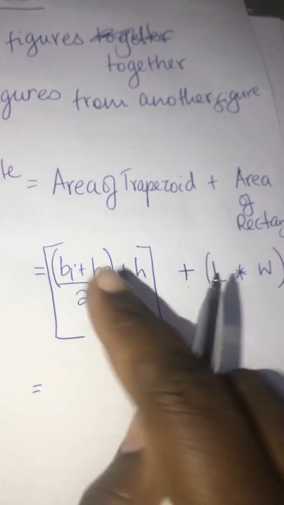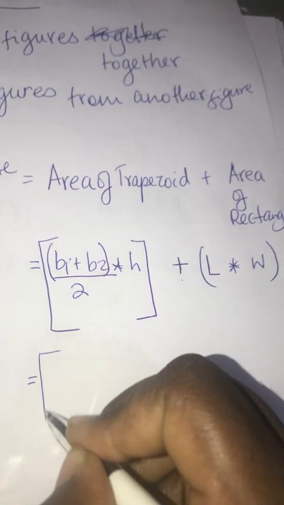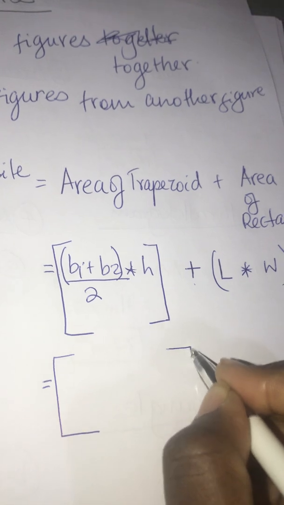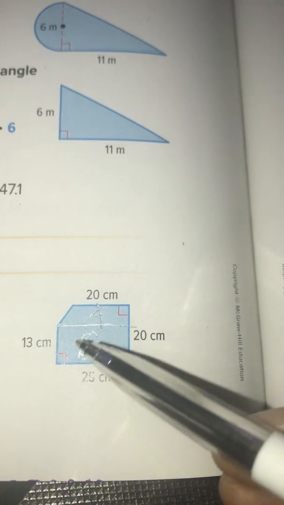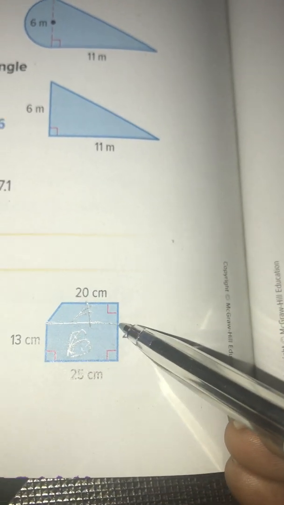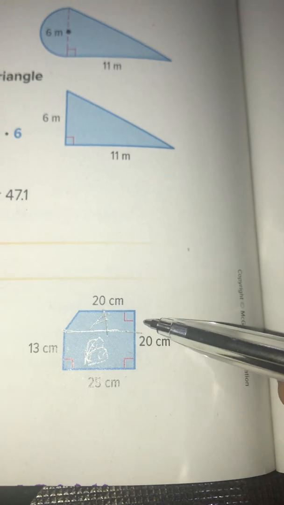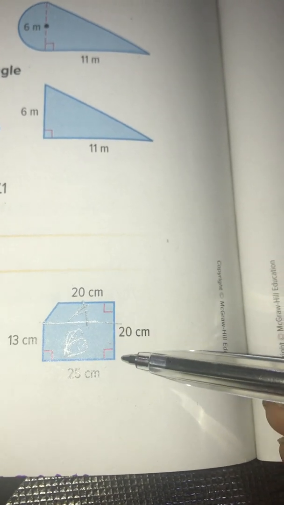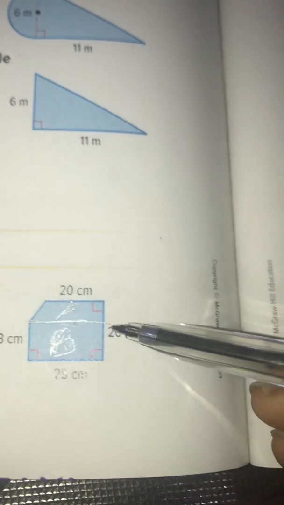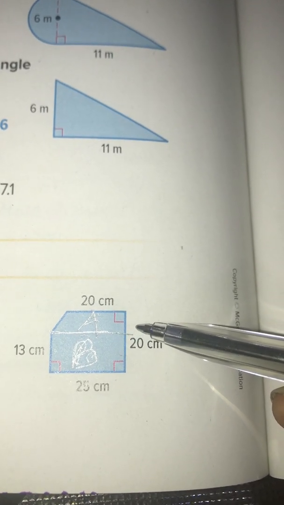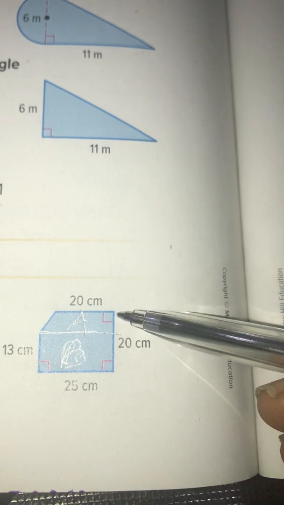Okay? Now let me do this first. I go back to my picture. My base 1 is 20. My base 2 is 25. My height is 5. Why? Because the distance from here to here is 20. And then, my height will be 7.